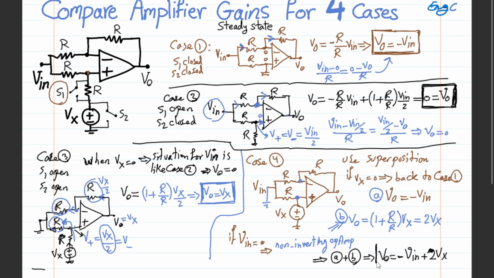That is the final outcome in case number 4, concluding the comparison of the output and corresponding gains for the 4 cases.